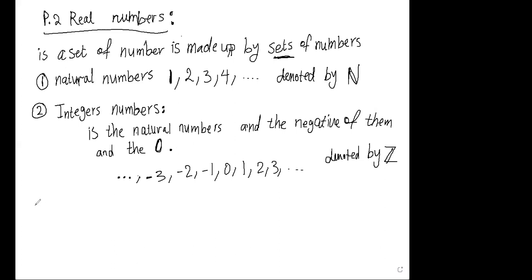The next set that makes up the real numbers is called rational numbers. What are rational numbers? Who will give me the definition of rational numbers?